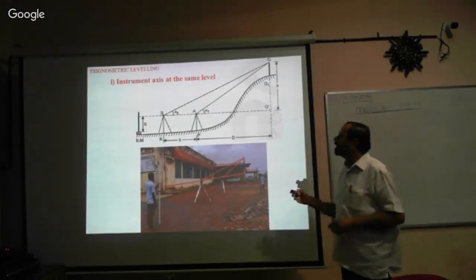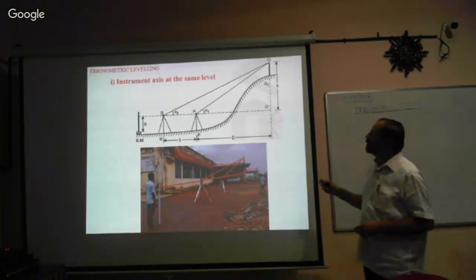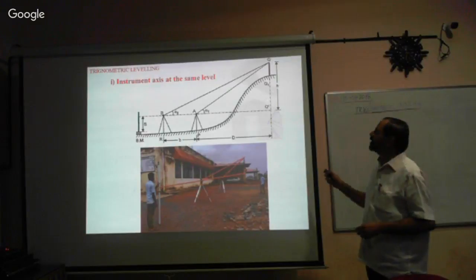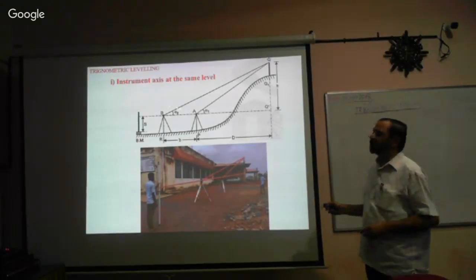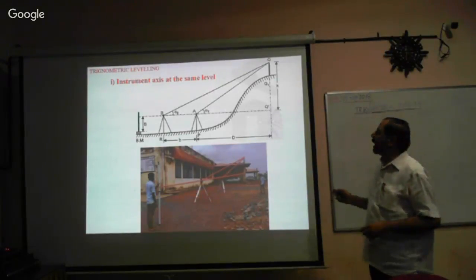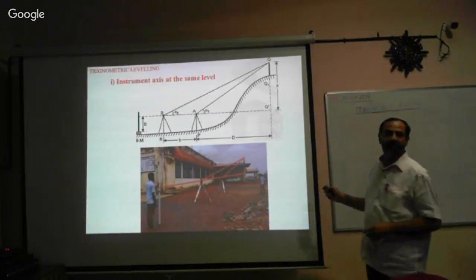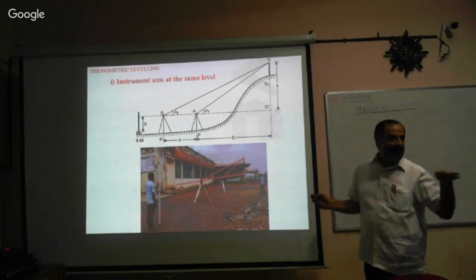And similarly, consider this triangle, that is QBQ dash. Consider the second triangle. Considering the second triangle, that is alpha 2, and again it is H, because same level, no?